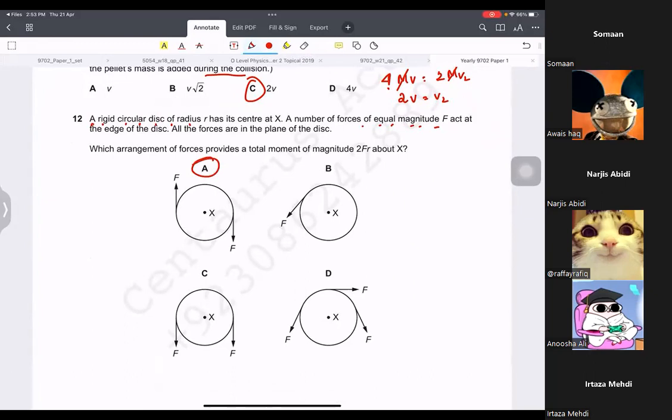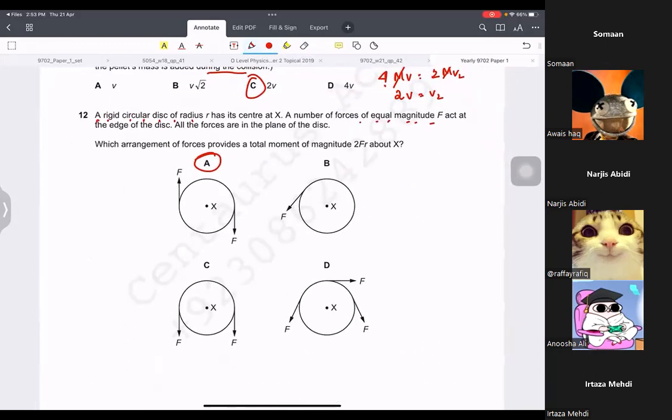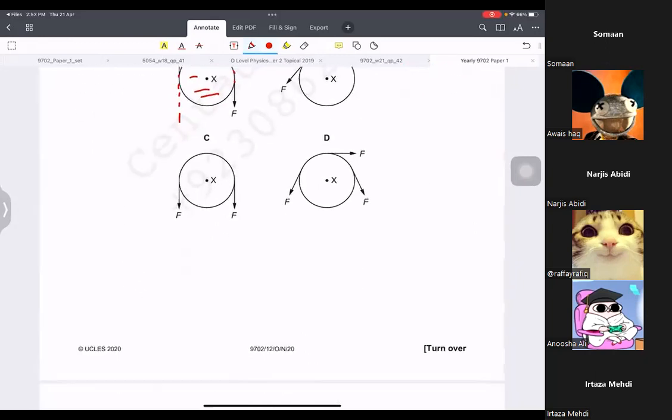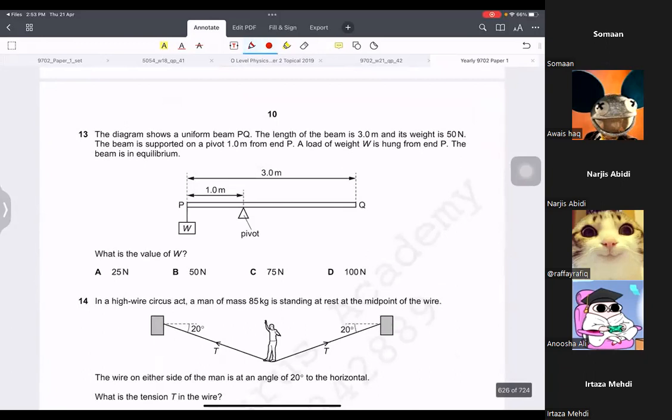If you don't know what the torque of a couple is, I just want to tell you, there should be equal forces acting on different lines of action. They should be opposite to each other, and they should be on the same mass. So that's fine, parallel to. Okay. Then what is the value of W? 15 Newton.